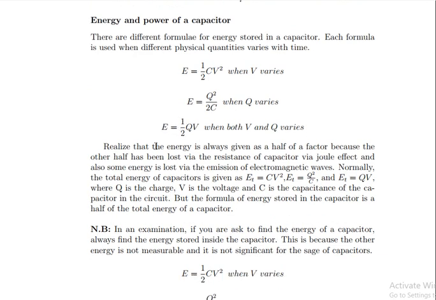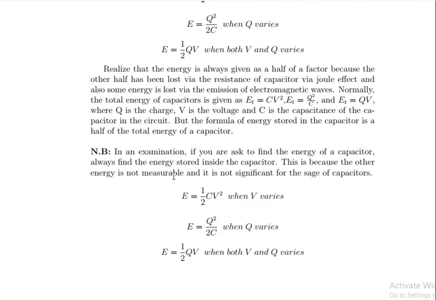We initially said that the energy stored is always half of the total energy, because some energy is lost via resistance and some energy is lost via the emission of electromagnetic waves from capacitors. The total energy is given as QV, Q squared over C, or CV squared, but the energy stored is half of this energy for capacitors.